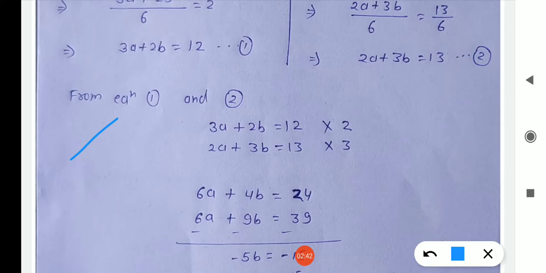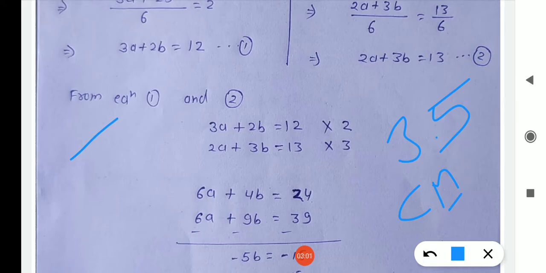So we don't do exercise 3.5, which is based on the cross multiplication method.